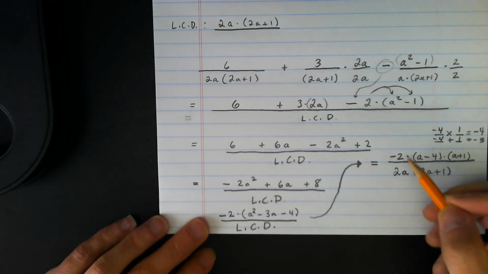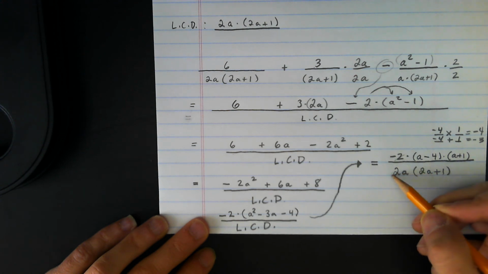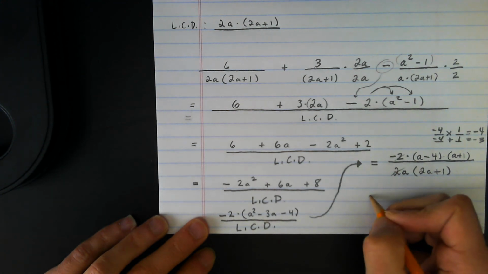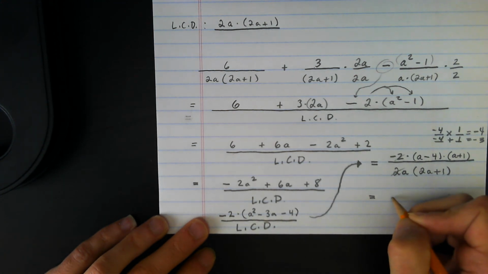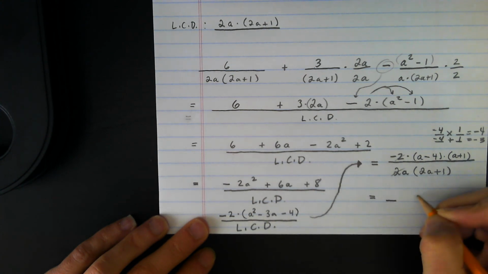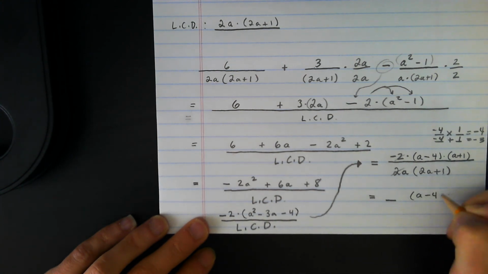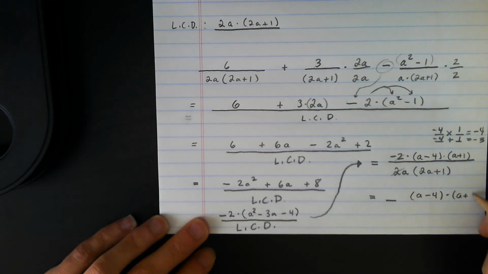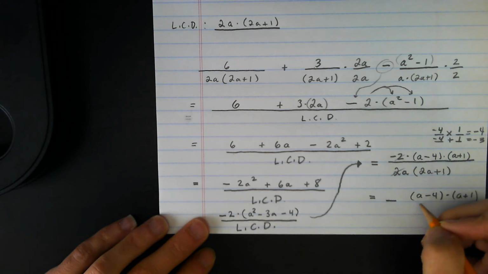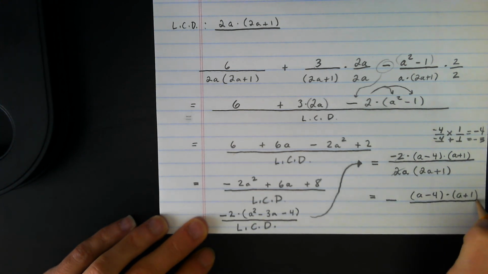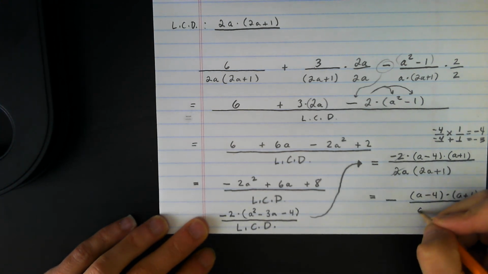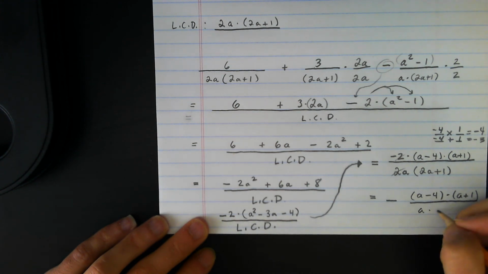And now we can cancel a factor of 2. And we're just left with minus, I'm just going to write that at the front, a minus 4 times a plus 1 over a times 2a plus 1.